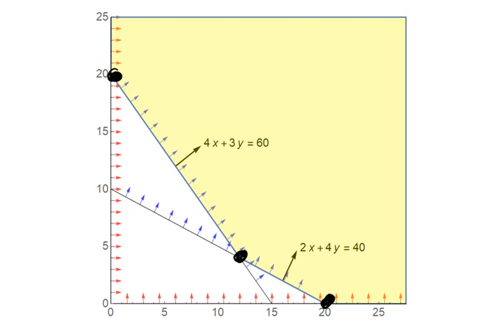So to get the coordinates of this point, you simply solve the two equations simultaneously. So you solve 4x plus 3y equals 60, and 2x plus 4y equals 40. You solve those equations simultaneously.